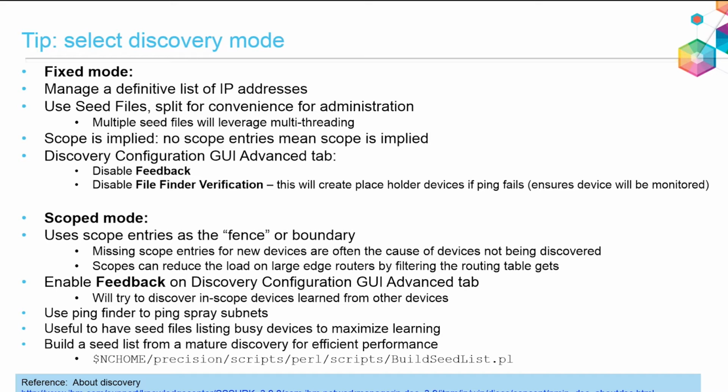But it's more efficient if you can make the ping spray subnets small enough so that for sparse subnets you don't have that problem. Seed lists themselves make the whole discovery a lot more efficient, and once you're getting to a mature state with your discoveries, you can use that script, the build seed list, to make it easy to build a seed list that you can use. The next slide, please.